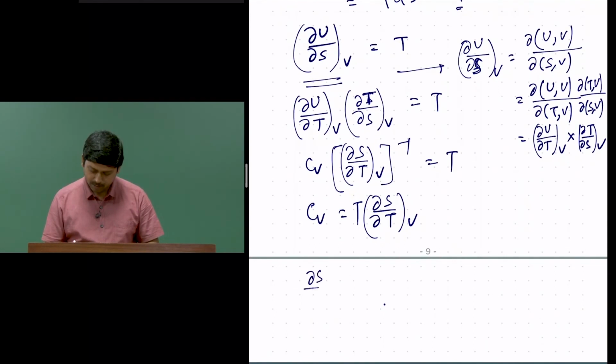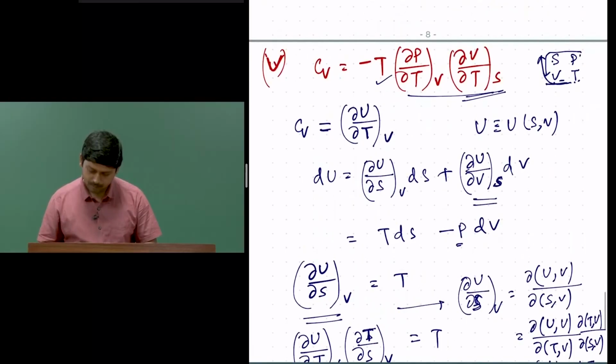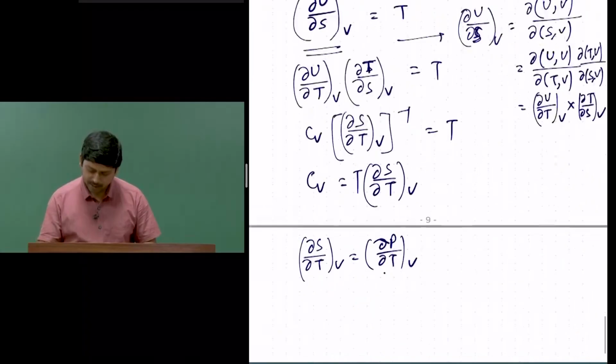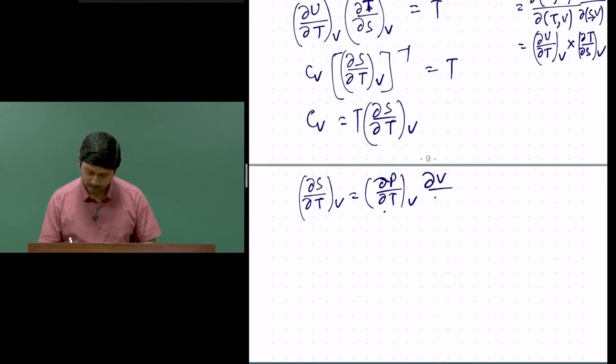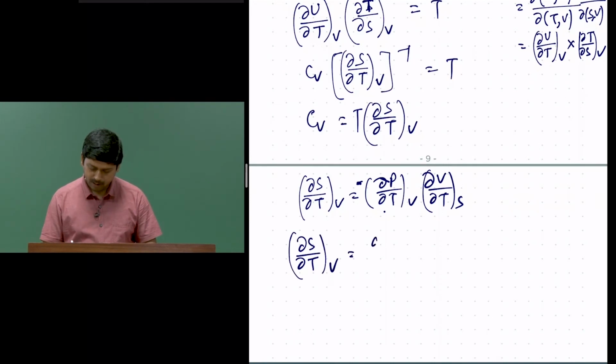So, we have to prove del S by del T at V is nothing but del P by del T at V, then del V by del T at S, and actually minus sign of that. That is what you have to prove, and that is easy by Jacobian. For example, we can write del S by del T at V as del (S, V) by del (T, V).